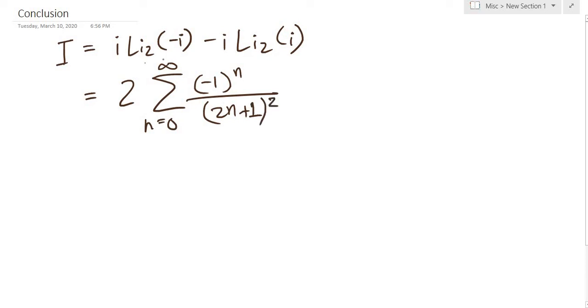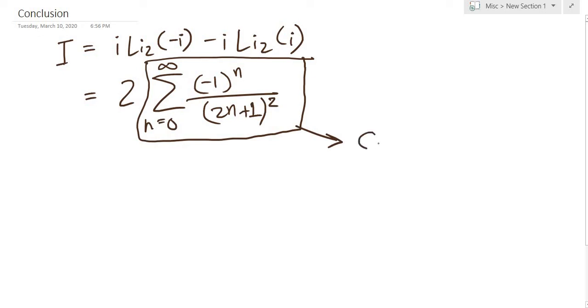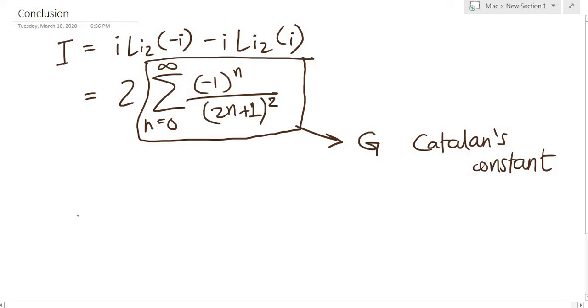Now let me tell you that this is a very famous constant called Catalan's constant. So this is basically 2 times Catalan's constant.